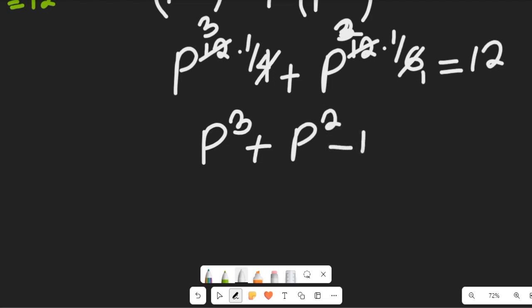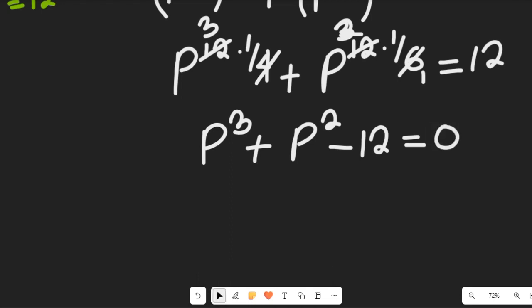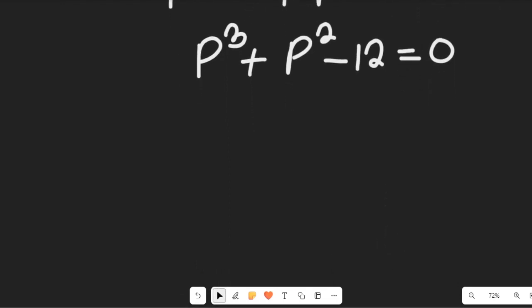If we subtract 12 from both sides, 12 minus 12 is going to give us 0. So that is a polynomial equation, since we have the highest power to be equal to 12.